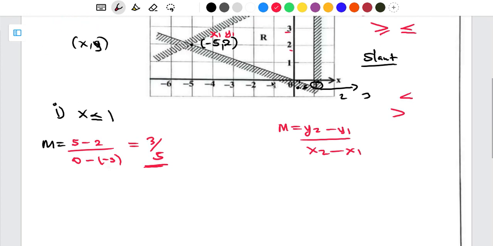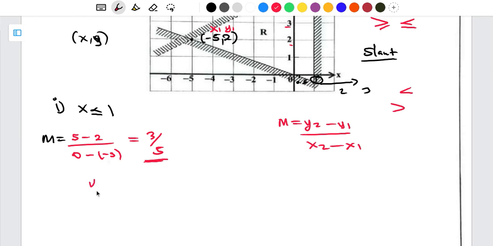So what we are going to do here, we are going to say this is going to be y less than. But for you to find the inequality, you have to use the same equation, but it has to be written in this way: y minus y1 is equal to the gradient, then open bracket x minus x1.